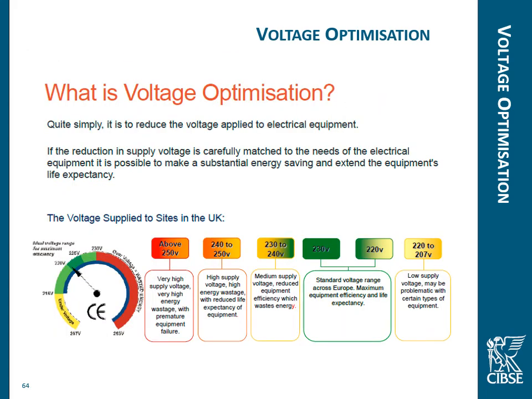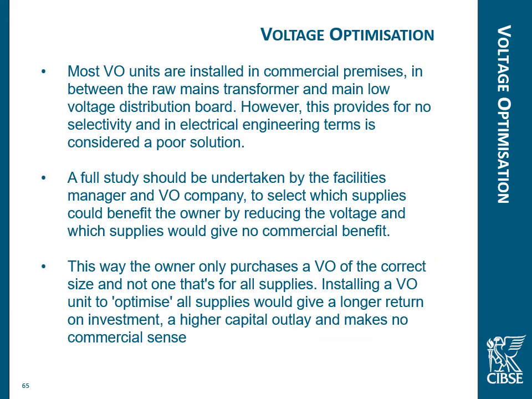If the voltage is too high, it may lead to premature equipment failure. It also uses more energy. If we're getting it too low, things can be problematic. The ideal voltage is around 220 to 230. So it's worth having a survey done if we think our voltage is too high.